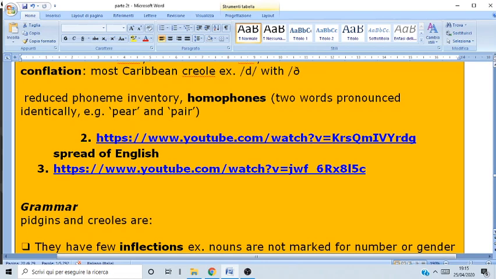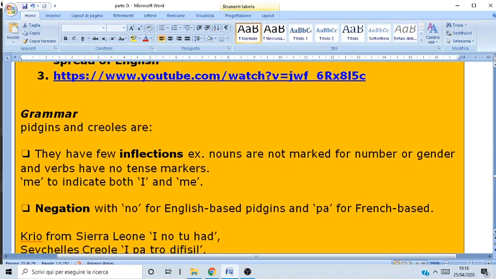Now, for today, we're going to continue with the explanation of the main characteristics of Pidgins and Creoles and the differences. So for grammar, one of the characteristics is that they don't really use inflection a lot.